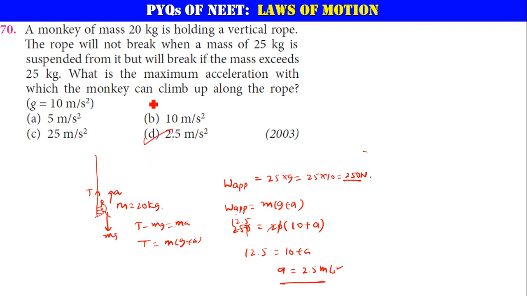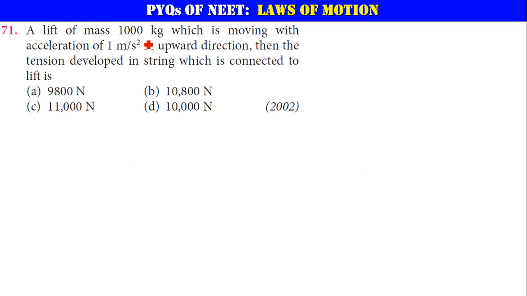Clear now? Yes. A lift of mass 1000 kg is moving with acceleration. Let us say there is a lift here. That lift is of 1000 kg. It is moving with acceleration in the upward direction, 1 meter per second square. Then the tension developed in the string which is connected to the lift: tension T upwards, 10,000 Newton acting downwards because of this 1000 kg.